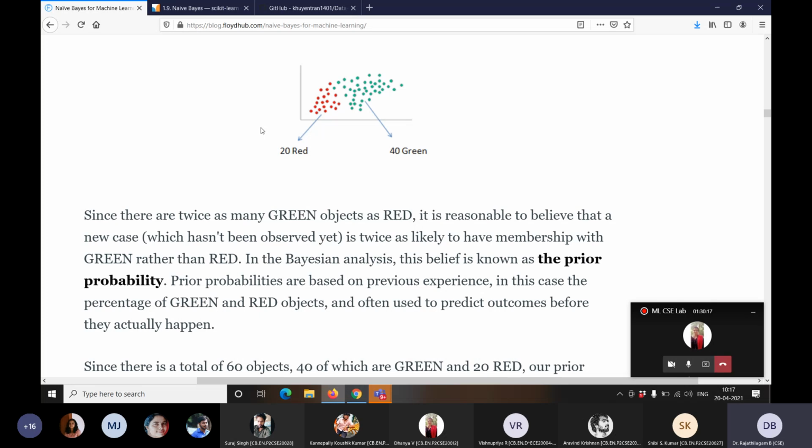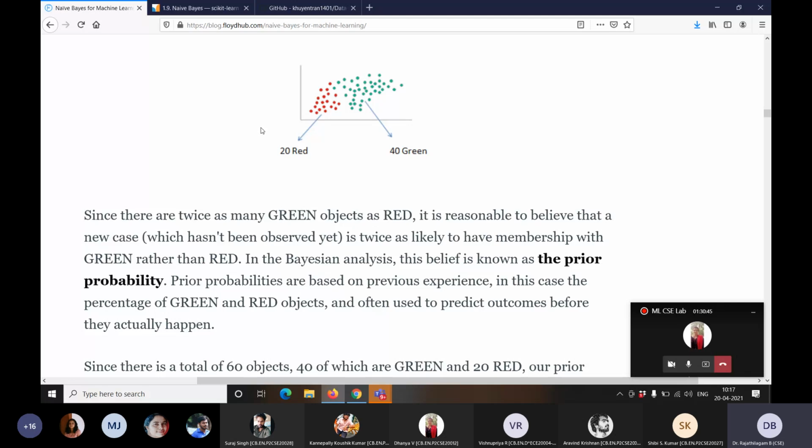This is a very simple calculation: quantifying the experience in terms of numbers, and then you say that's your probability. So what is the probability that the new data point that is going to come in will be green or red? Green means 40 by 60, red means 20 by 60.